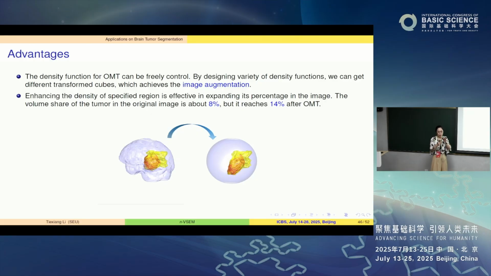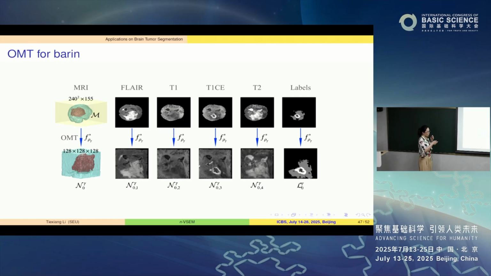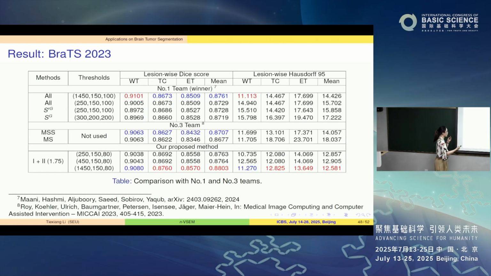So the tumor in this image is enlarged, and the AI model can find it more easily. So we use this idea for this challenging problem. We transform the full modality and the labels, all the brain, into 3D cubes, and then we use AI to do the segmentation. And our result is very good.